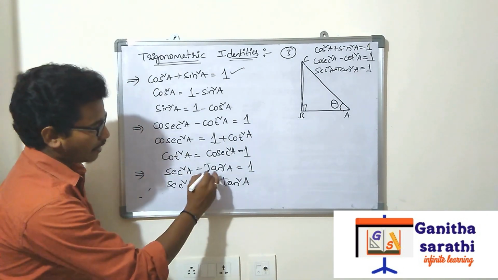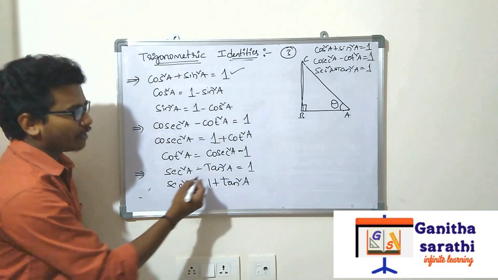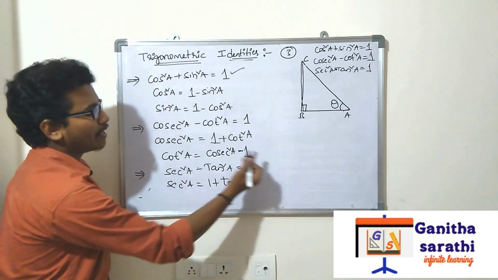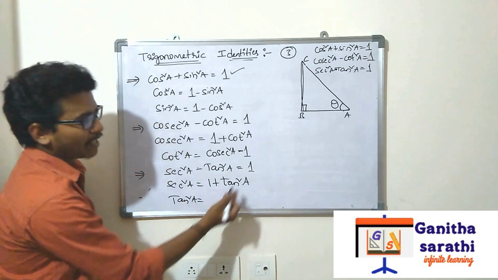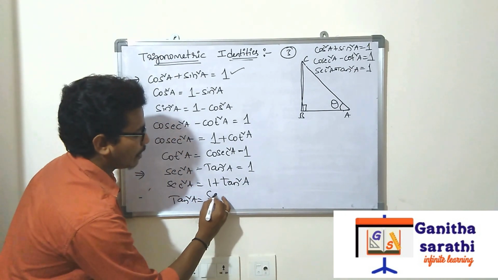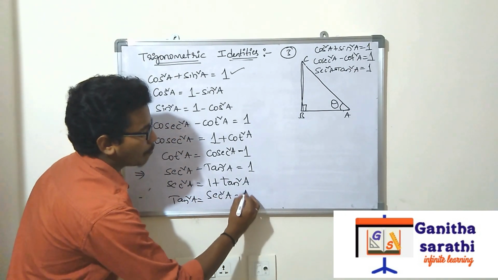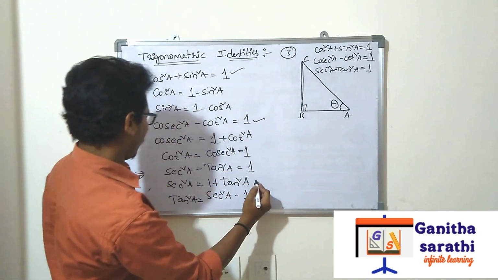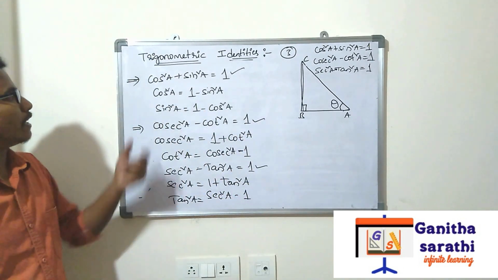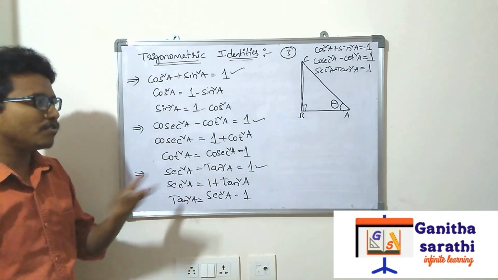Next, if you are asked to find tan square A, make this minus tan square A go to the right hand side, it will become plus tan square A. Make this plus 1 go to the left hand side, it will become tan square A is equal to secant square A minus 1. So with each identity we can do another two alternatives, right? These are the two alternatives. We can use any of them.